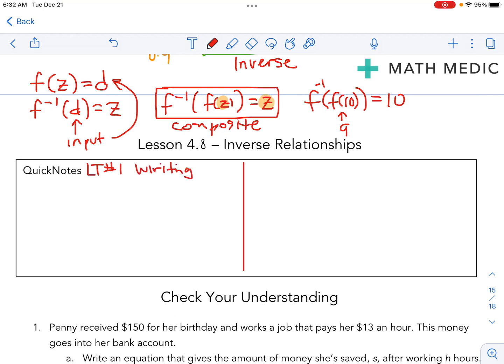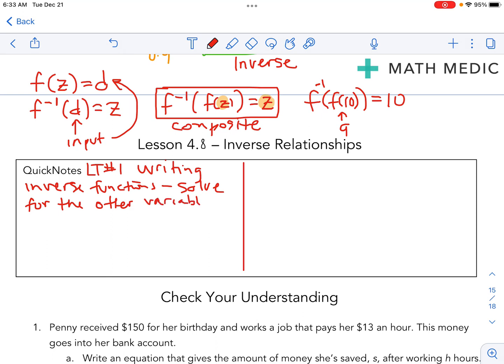And so when we're writing inverse functions, we want to basically solve for the other variable.